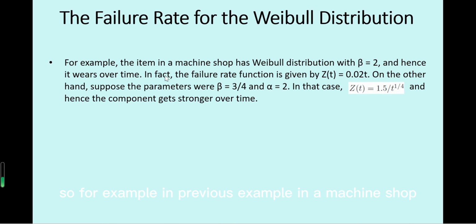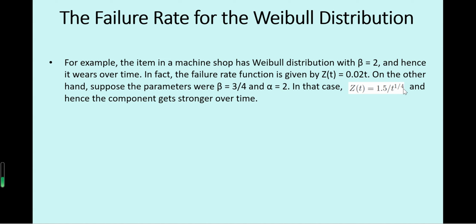So for example, in the previous example, in a machine shop, a Weibull distribution with beta equals 2, we get a failure rate C(t) equals 0.02 times t, which means when t is larger, C(t) will also be larger, right? But on the other hand, if we set beta equals 3 or 4, alpha 2, in that case, C(t) failure rate equals 1.5 divided by t to the power of 4.